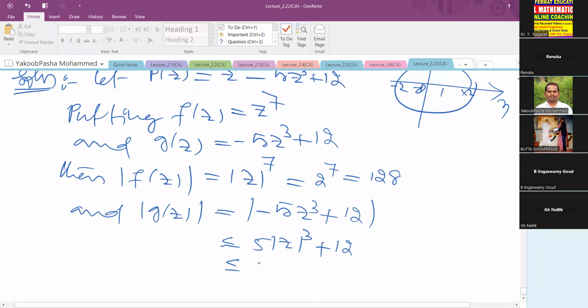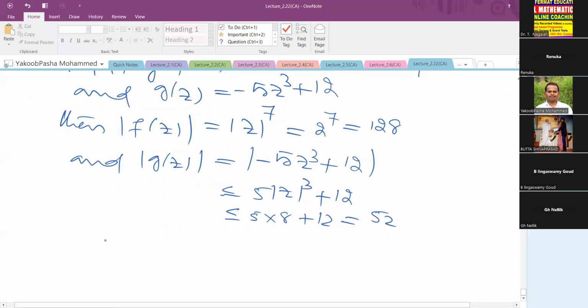This is less than or equal to 5 into 2 cube, that is 8, plus 12, 40 plus 12, which is 52. Obviously we can say that modulus of f of z is strictly greater than modulus of g of z on C.